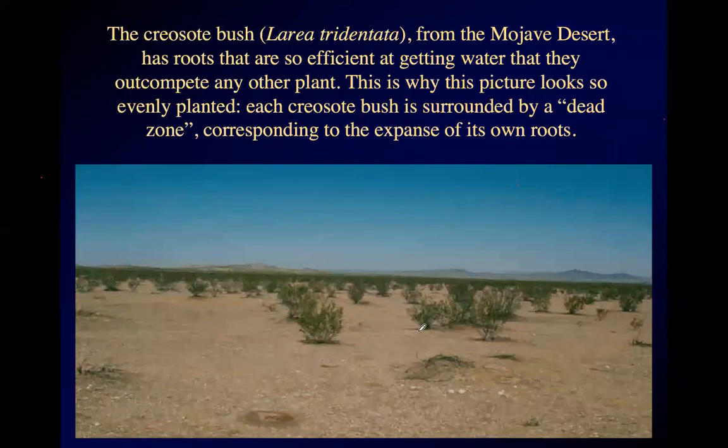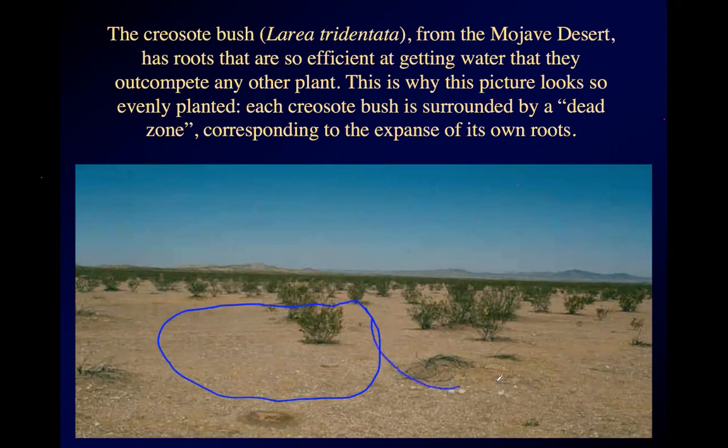And that's why this picture looks so evenly planted. This creosote bush right here in the middle, there's a zone all around it that represents where its roots extend. And anywhere in that zone, not much else is going to be able to grow. And there's another zone around these creosote bushes over here, and off here in the distance, that would be another zone.